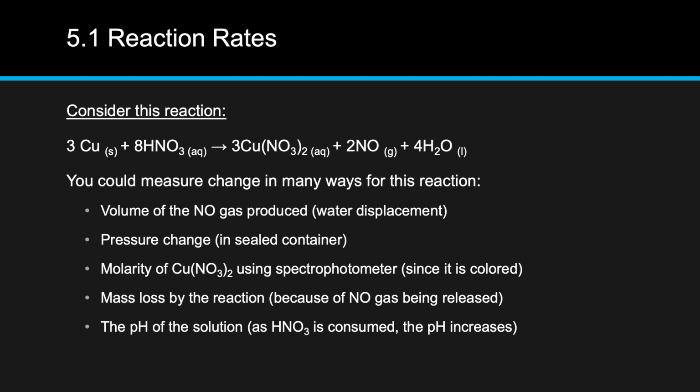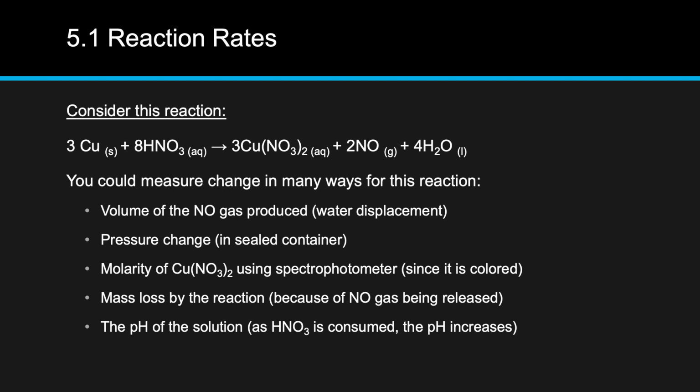You could also measure change based on the pressure change if you have it in a sealed container. And then the molarity of Cu(NO3)2 could be determined using a spectrophotometer, since copper nitrate is colored.